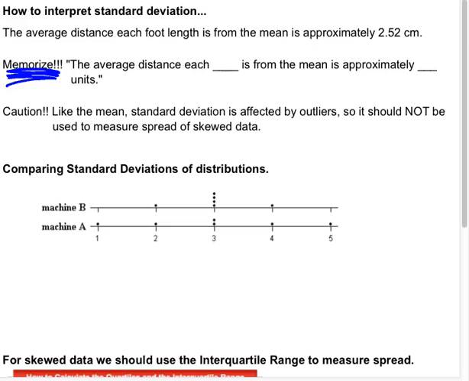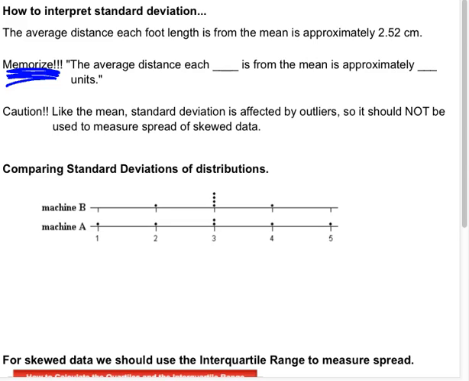Know that. Highlight it, star it, do whatever you need to, but you need to know that. Now, caution though, standard deviation, like the mean, is affected by outliers. So it should not be used when you're dealing with heavily skewed data, okay? It won't exactly be useful if your data is skewed.